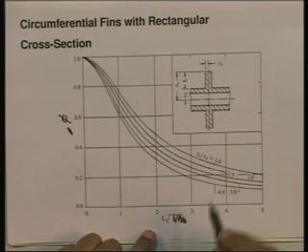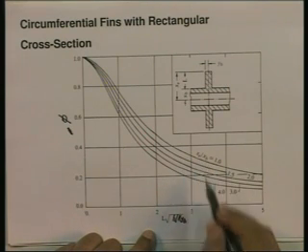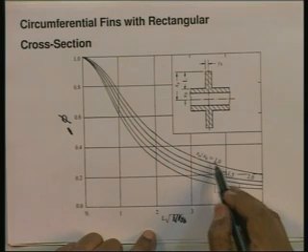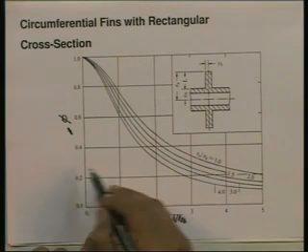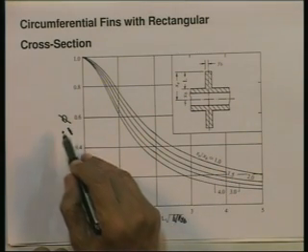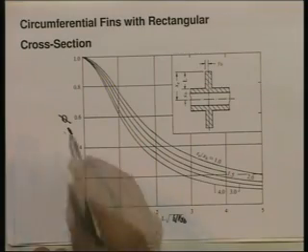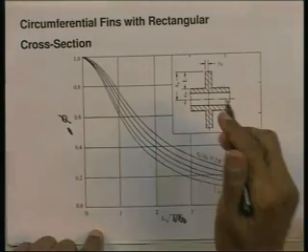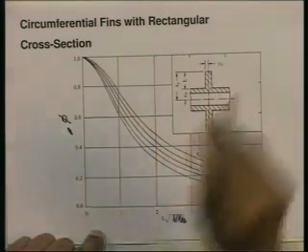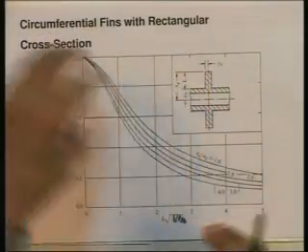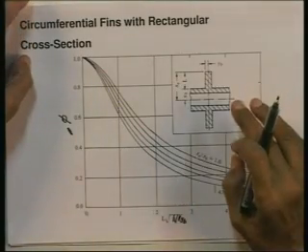Then from this, for the given value of x c by x b, go up vertically to the given value of x c by x b, go horizontally, get the value of phi, multiply this phi by the heat transfer rate you would get from the circumferential fin if it has an infinite thermal conductivity. So, in exactly the same way as a pin fin, you would use this chart in order to find the heat transfer rate from circumferential fins with rectangular cross sections.